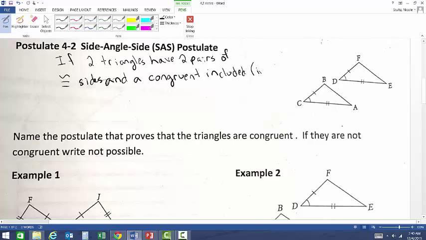Included means in between. Then the triangles are congruent.